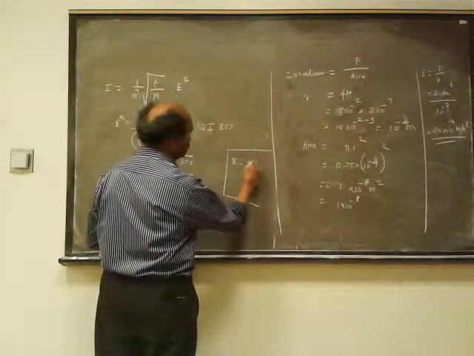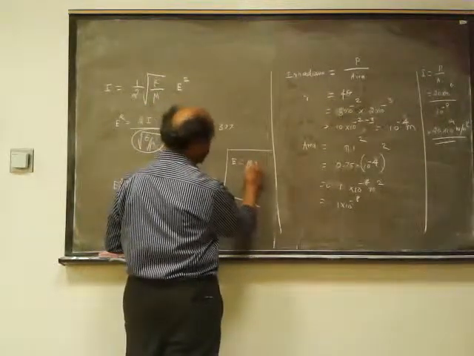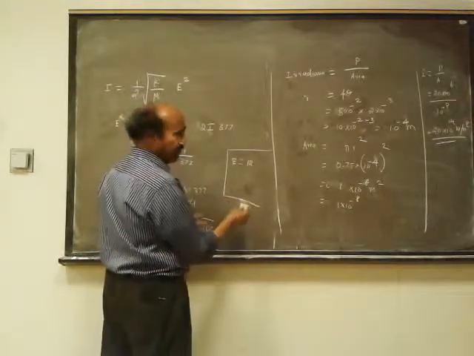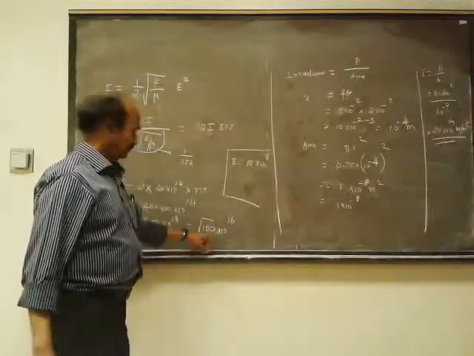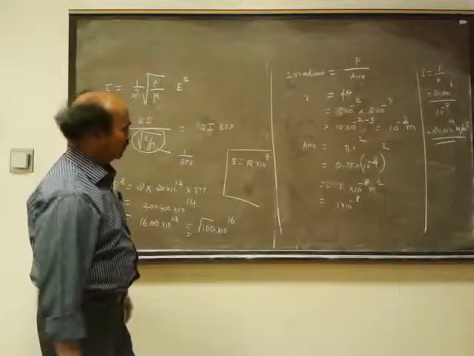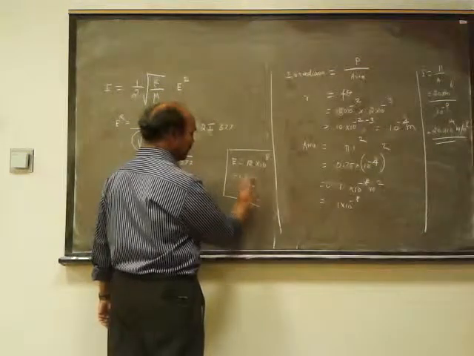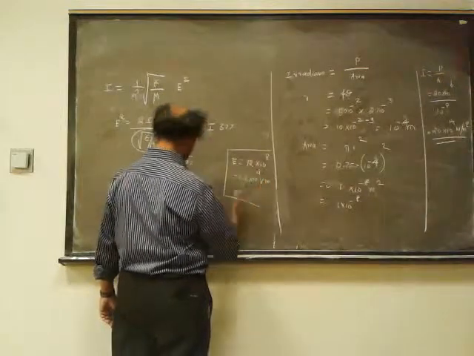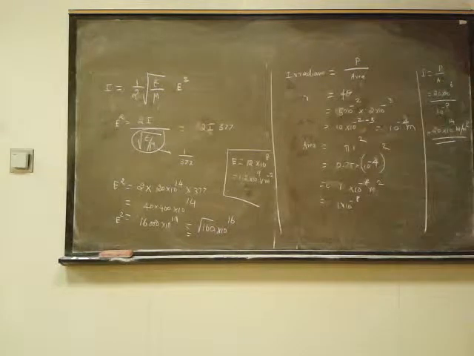Let's say 12 approximately. So 12 into 10 power 8, or 1.2 into 10 power 9 volt per meter. The electric field is 1.2 into 10 power 9 volt per meter.